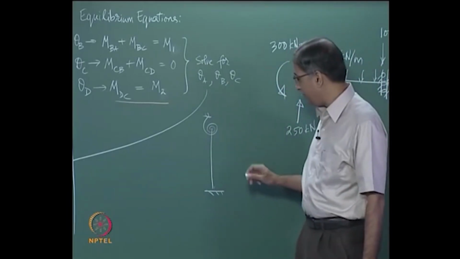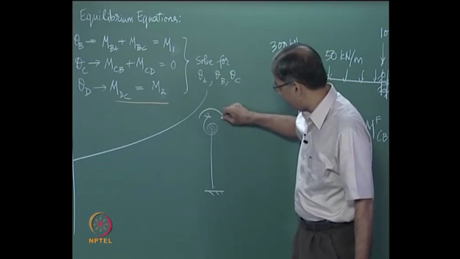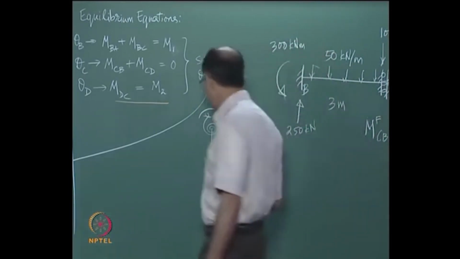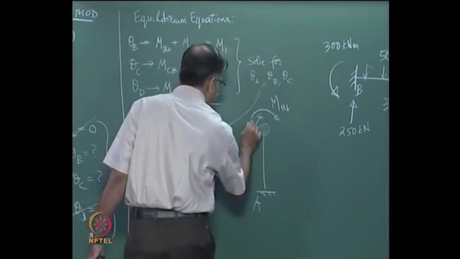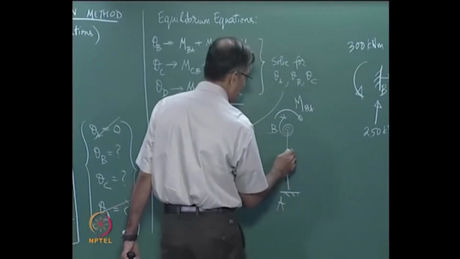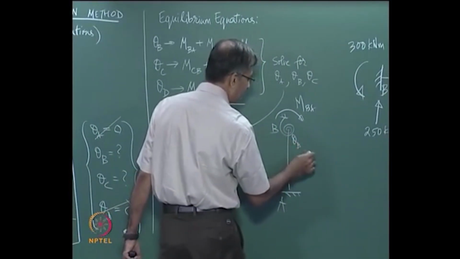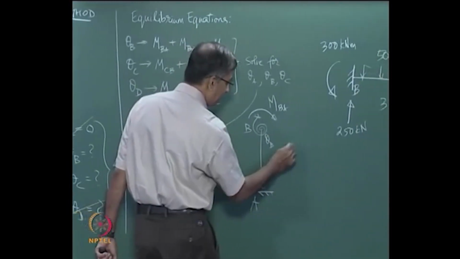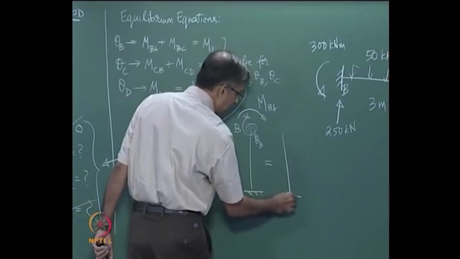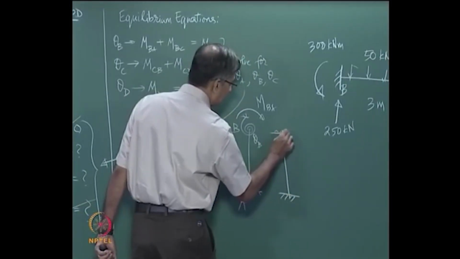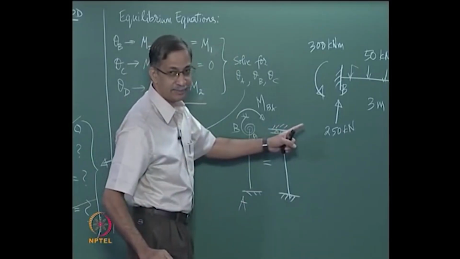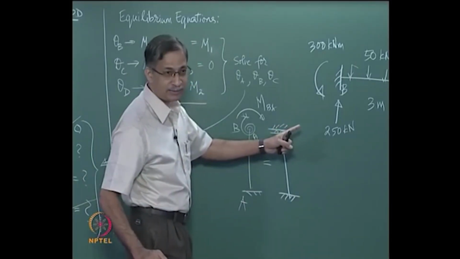Now if I want to find an expression for MBA, this has a theta B, I first arrest the theta B. So when I arrest the theta B, I am not arresting the translation, I am arresting only the rotation.